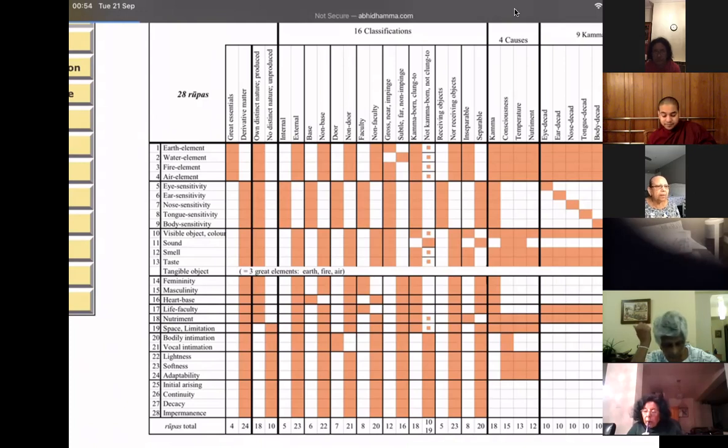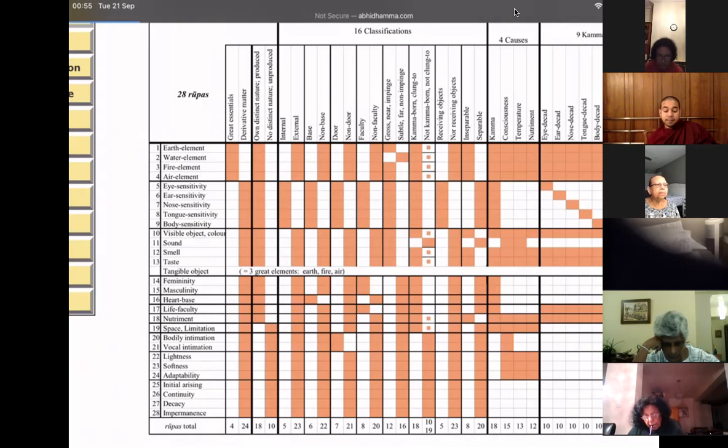Everything else does not perform a receiving function. We only receive through the prasadas, right? Only through the prasada. So that is clear. Now we have the inseparables and the separables.